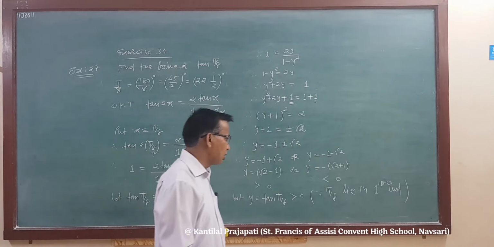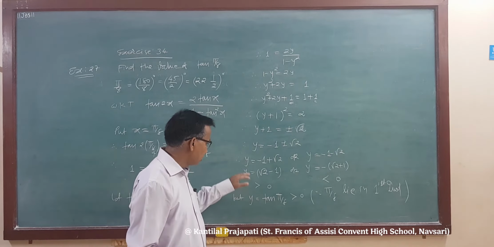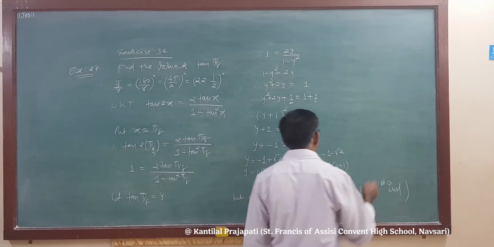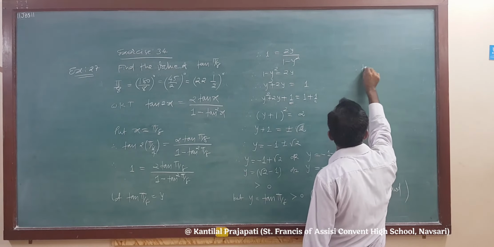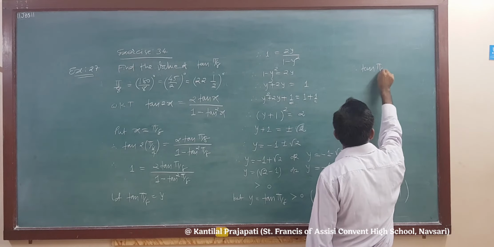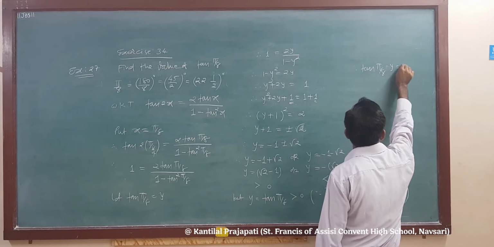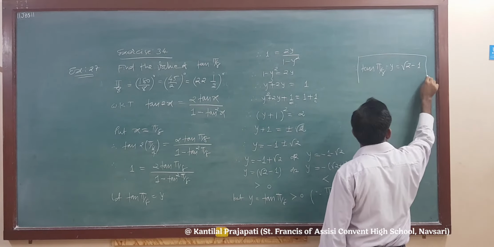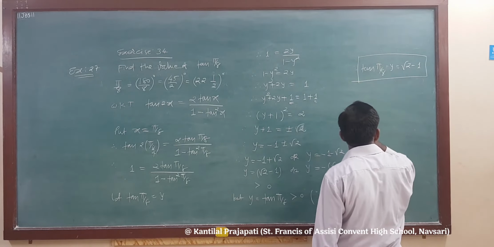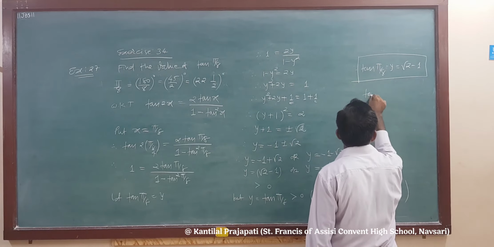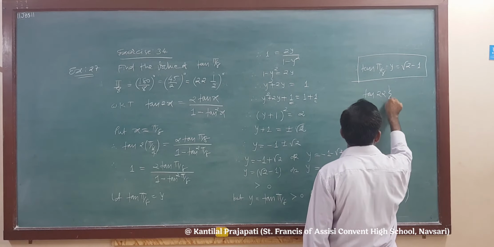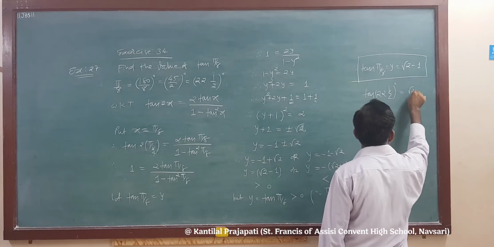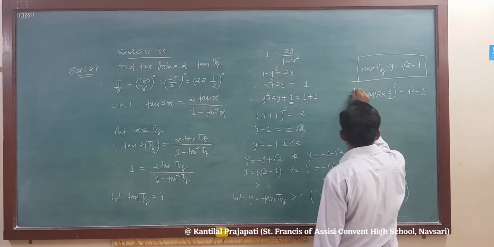In the first quadrant all functions are positive, so we have to accept only the positive value. Therefore tan pi by 8 is equal to y is equal to root 2 minus 1. This is the required value of tan pi by 8. Or this is also tan 22.5 degree. Tan 22.5 degree is also root 2 minus 1.